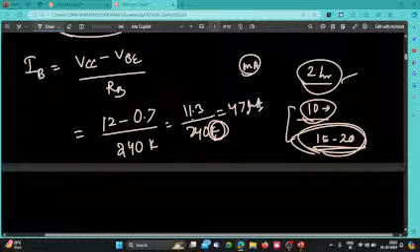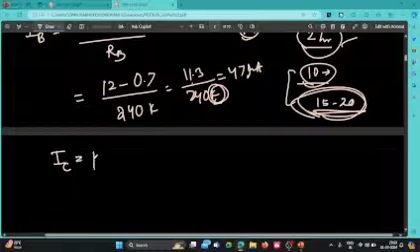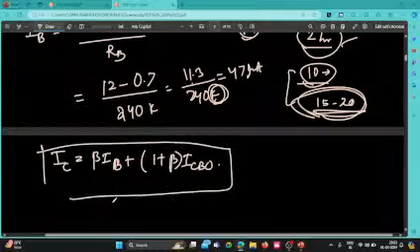Is it all right? So that will be 47 microampere. Now, IC. We know IC is beta IB plus 1 plus beta ICBO. This is your formula for IC. You have to remember this.